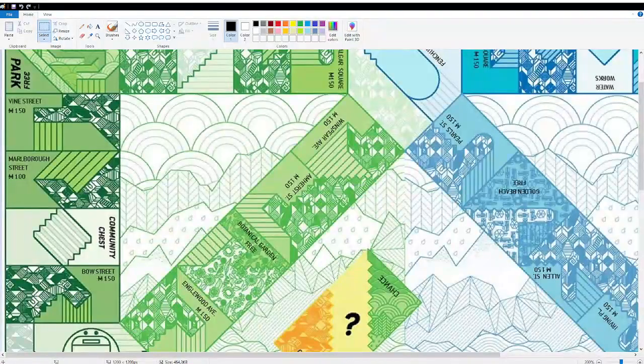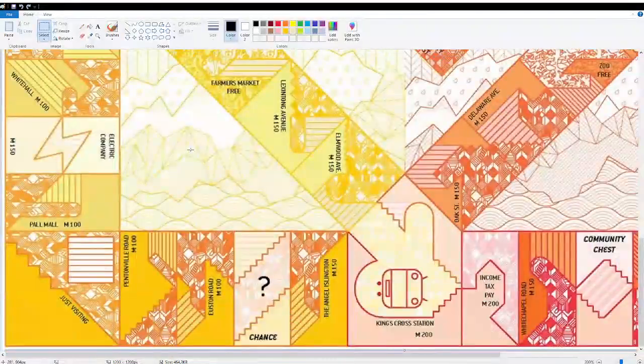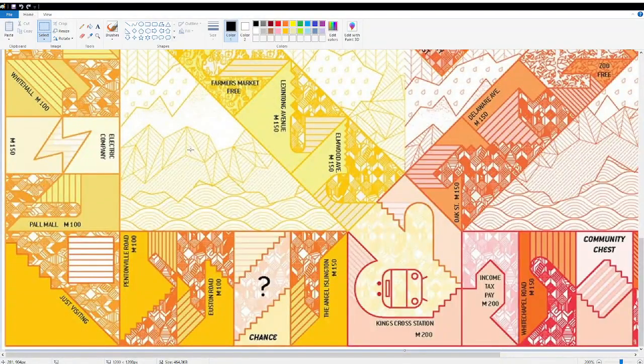And this is kind of like that: light green, medium green, dark green. I think that's their intent for color groups, but from a visual perspective, it's kind of hit or miss at best. Anyways, moving on from that.